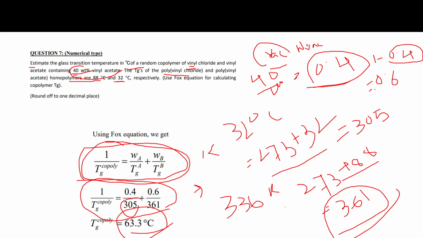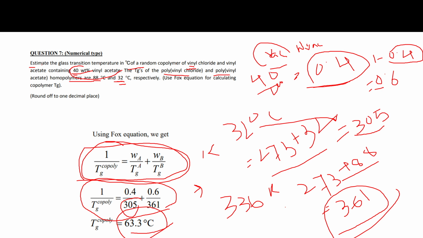Now if you put into this equation, 1 by Tg of copolymer, first for vinyl acetate, the temperature given for the homopolymer is 32 degrees centigrade. Convert it into Kelvin, it becomes 305. So it will be 0.4 divided by 305.